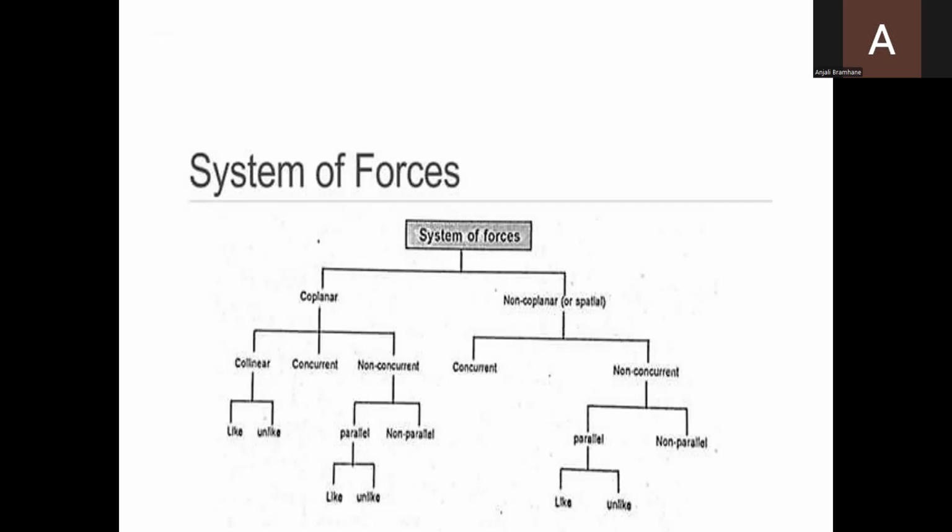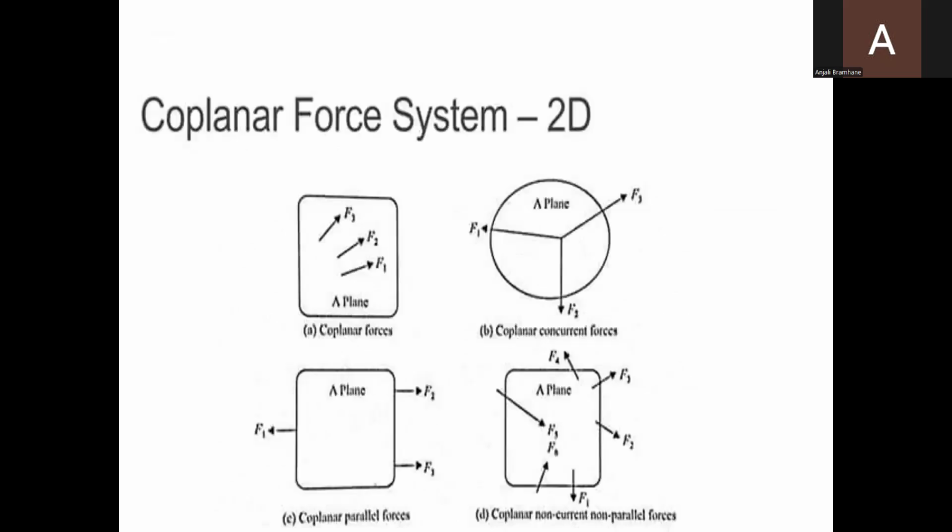Okay, then the next one is the coplanar force system, that is 2D. In coplanar, you can see the 2D system is on the same plane but with different lines of action, that is the forces F1, F2, F3 in the first diagram. And in the third, coplanar concurrent force systems. As we know, coplanar is the same plane, and concurrent means forces whose lines of action intersect at a single point.